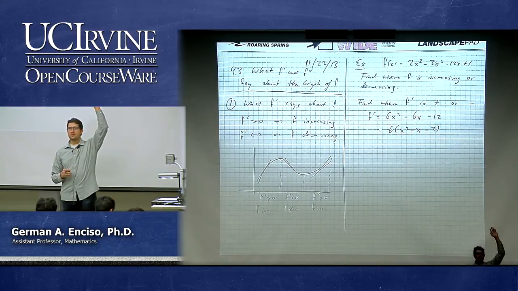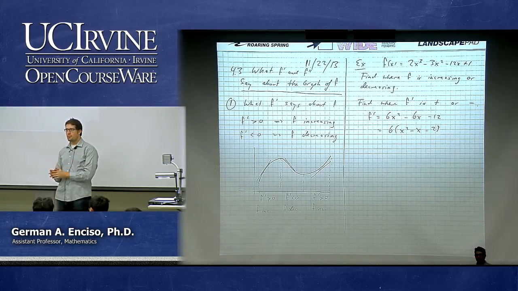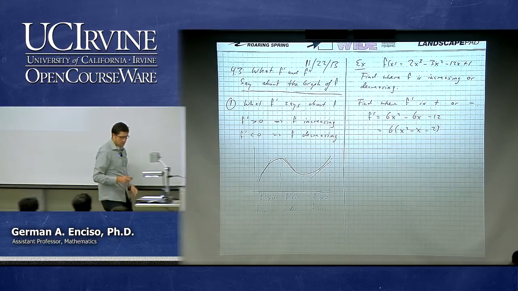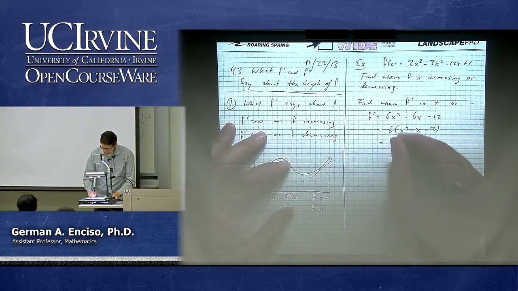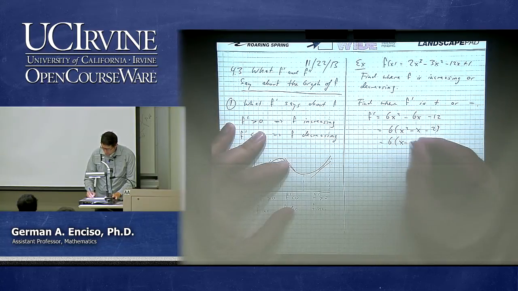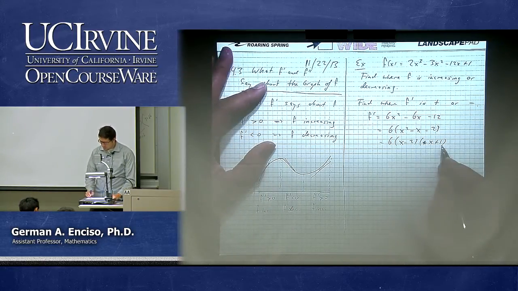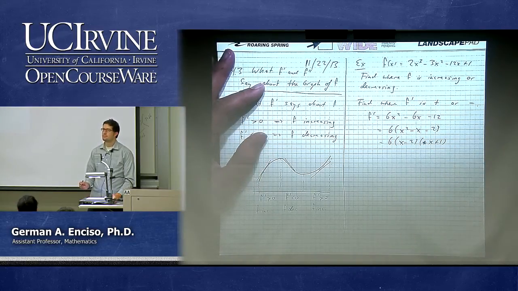Anybody want to say? Yes, thank you. So, minus 2 and plus 1. Great. So the number minus 2 and the number plus 1 are such that the product is minus 2 and the sum is minus 1.